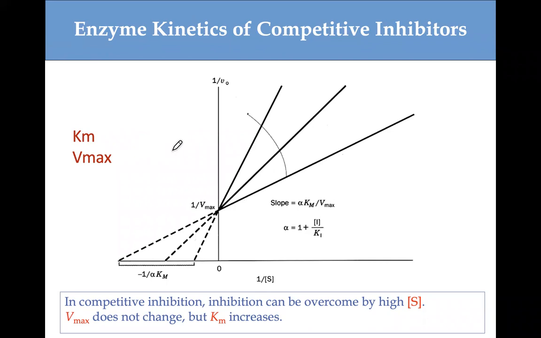So what do you think? Would the Km increase, decrease, or not change? Km decrease, really? Lower affinity, so higher Km or lower Km.